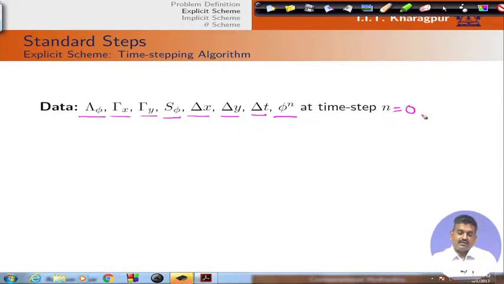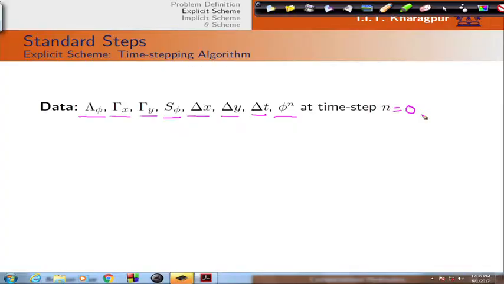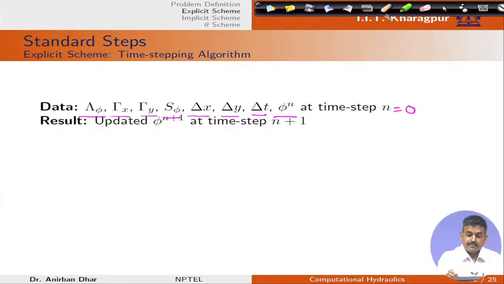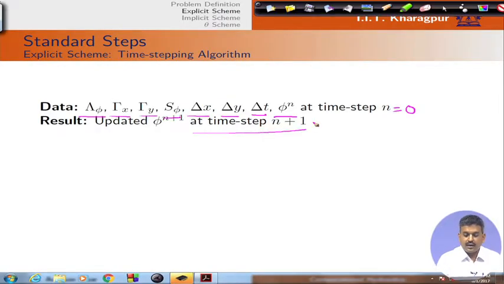That means, initially we have initial condition available, and at the starting of any time level our phi n value is specified. So, with this what is the result required? In this case, we need updated value of n plus 1 at time n plus 1.